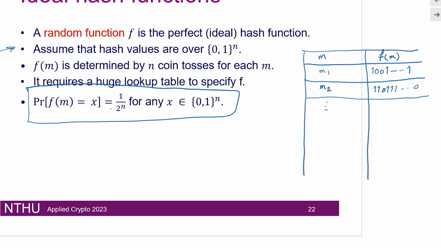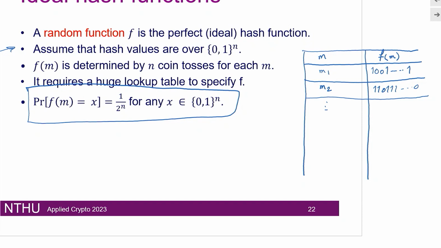Why can we claim so? Because we are generating these elements randomly, we have a uniform distribution. Every output of the hash function has the same probability to appear as any other, because of our design where we use the coin to generate the output.